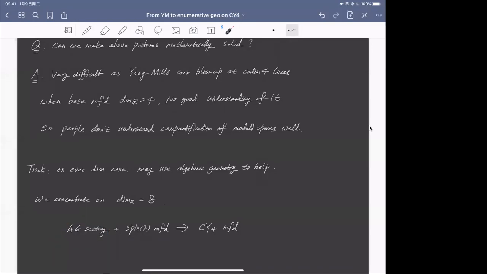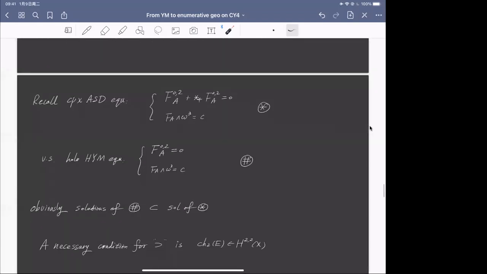Recall that earlier we discussed the complex anti-self-dual equations on Calabi-Yau fourfolds, a complex analog of anti-self-dual connections on 4-manifolds. There's a close cousin of such equations, the so-called holomorphic Hermitian Yang-Mills equations, where the first equation says the (0,2) part of the curvature is 0, and the second is still the same, the moment map equation.